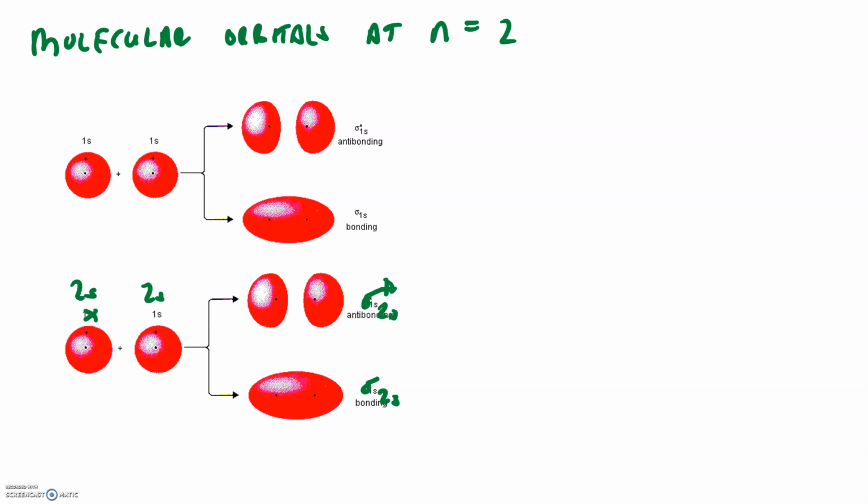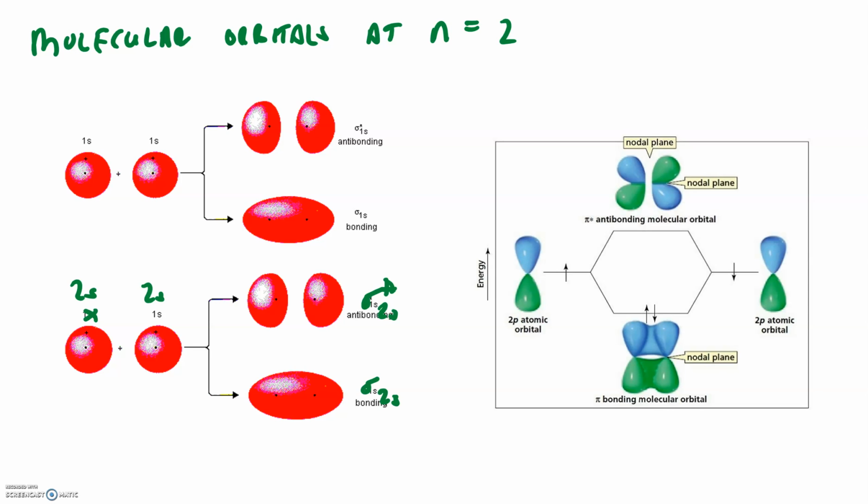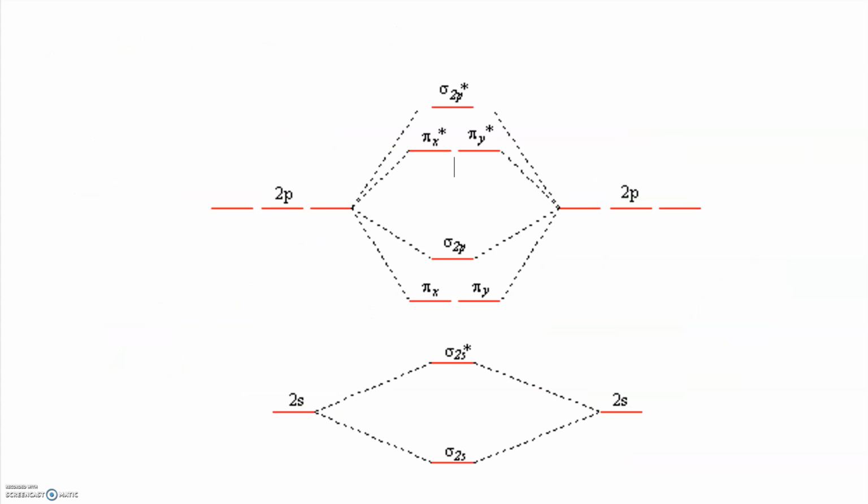When they combine to produce a bond that favors bonding, we're going to call that a pi bonding orbital, pi 2p, and when they form an anti-bonding orbital, we'll call that pi star 2p. So what does it look like in terms of energy?